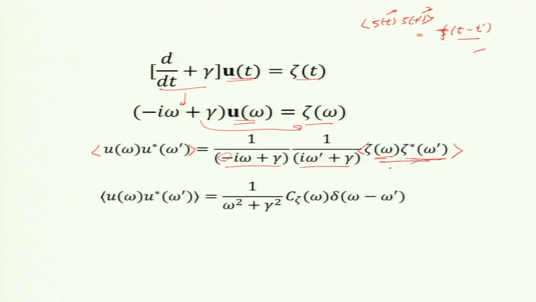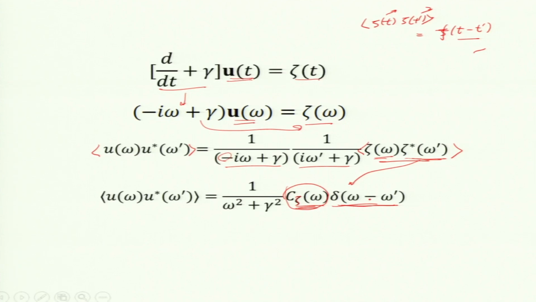So, for that system, this derivation I will not do, this is zeta omega, c of omega, the correlation of zeta, delta of omega minus omega prime.